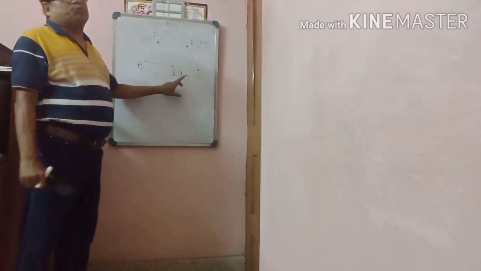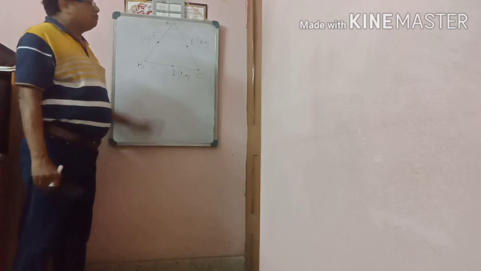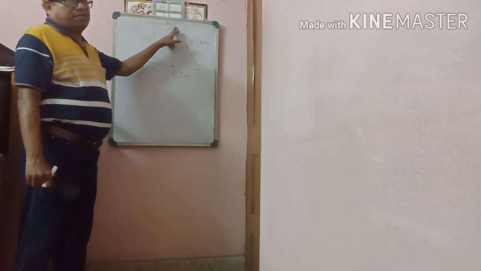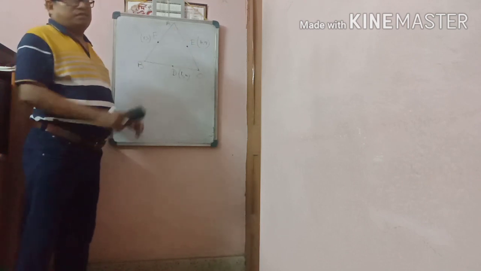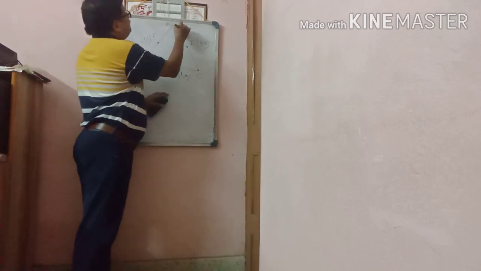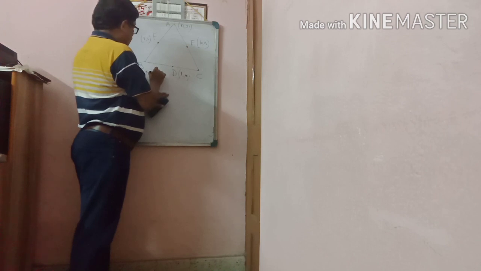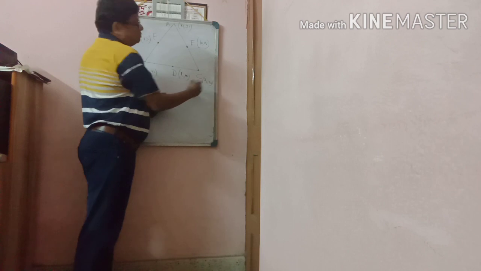Suppose 2, 3, 4, 5, 7, 8 are given like that. Then find the coordinates of A, B, C. So you can take x1, y1, x2, y2, x3, y3.